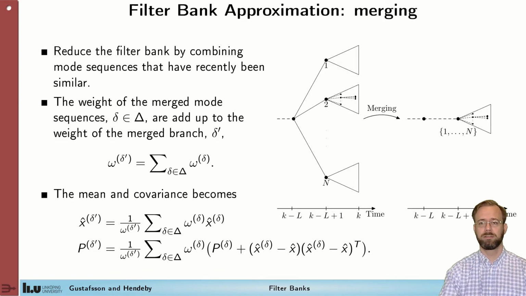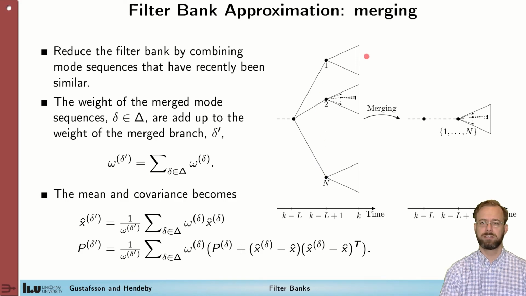Looking at the merging, we have the same goal: to reduce the number of branches or sequences that we consider. We can illustrate how this is done in merging like this. Again, we have this setup with a number of different sequences where these ones are actually similar. And this is a branching point a number of steps back in time.